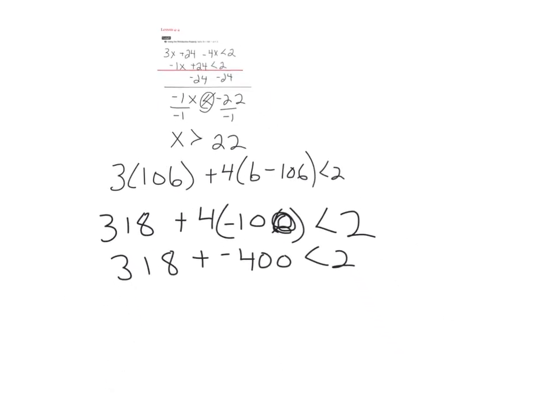And now I get negative 82 is less than 2. Is that true? That is so true. So you can see here why we need to flip that inequality. And there's my check as well. You should be able to draw a number line and graph that solution on a number line as well.